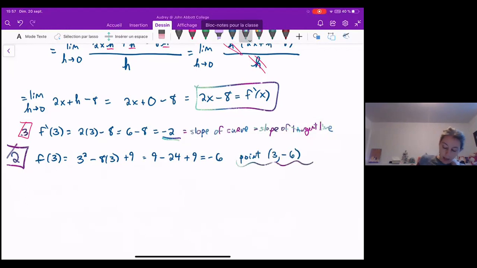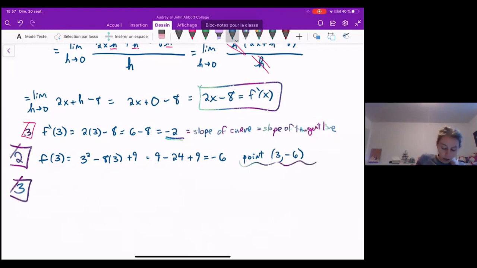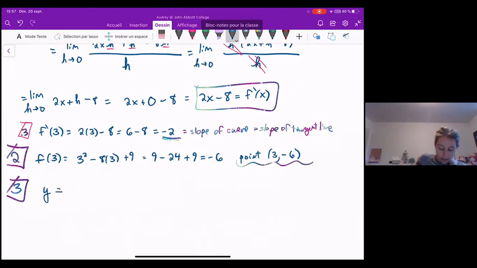Which brings us to our last step, which is to solve for b in our equation of a line. So I know that y is equal to ax plus b. In step 3 of that first part, I found that the slope was negative 2. So y is equal to negative 2x plus b. And now I plug in my point, 3, negative 6. So my y value is negative 6.